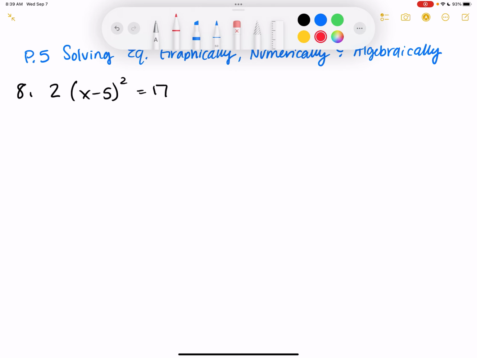Not yet. You have to divide by 2. So (x minus 5) squared equals 17 over 2. Now you can take the square root, right?